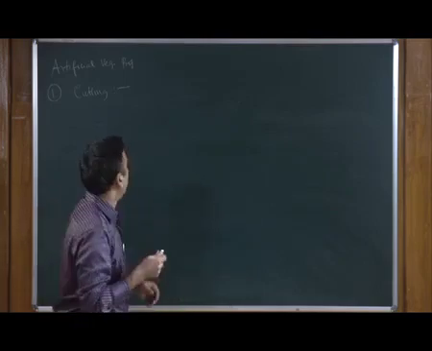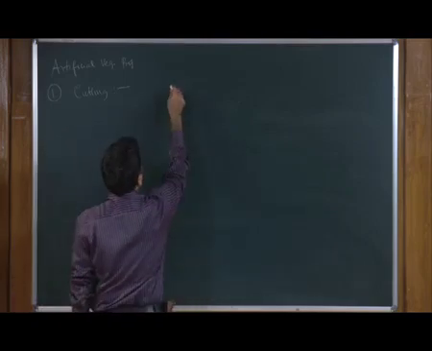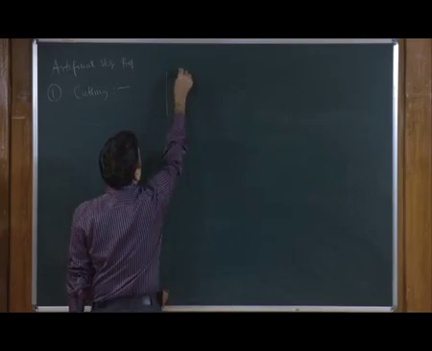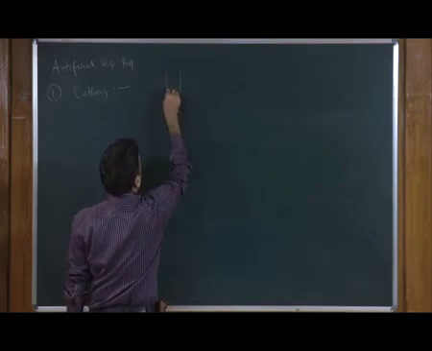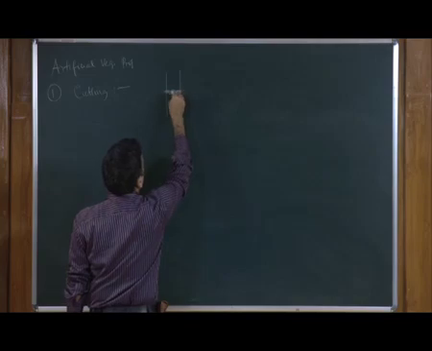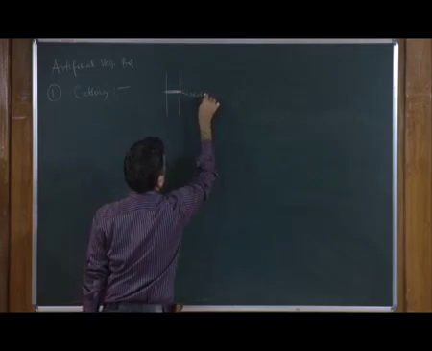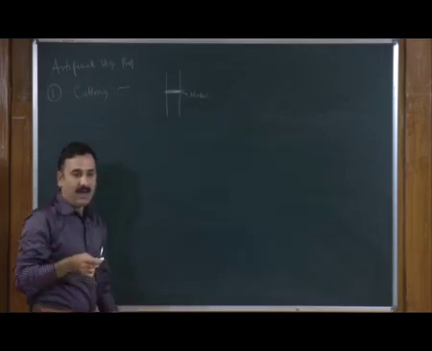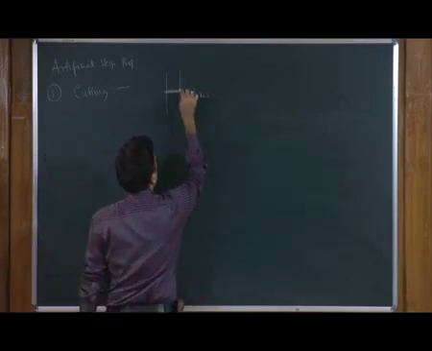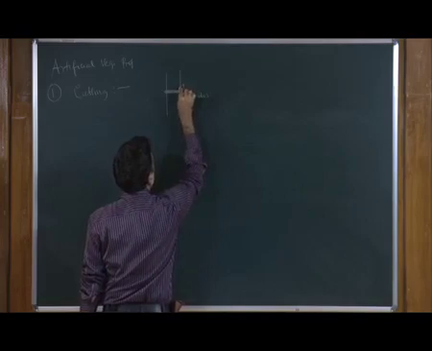Let us take an example of how it happens in the stem. You have a stem, and it has joints, and these joints are called nodes, and on these nodes you have the axillary buds.